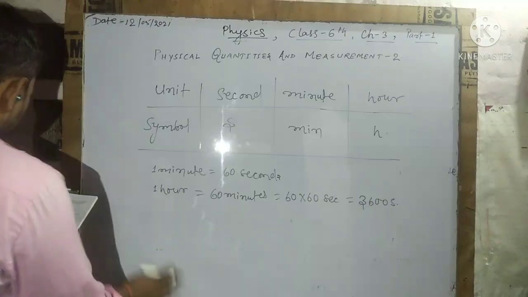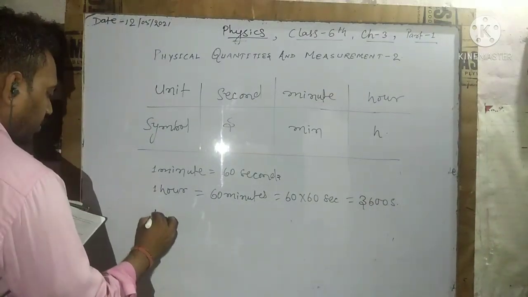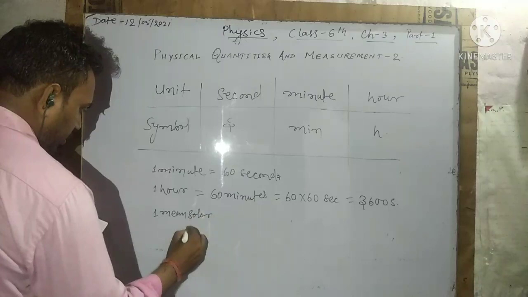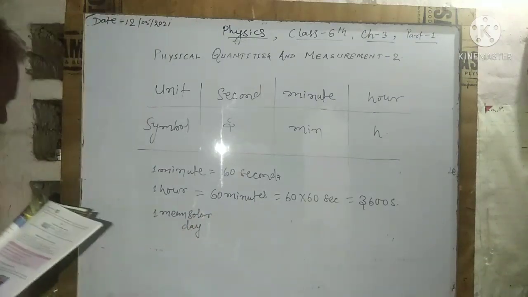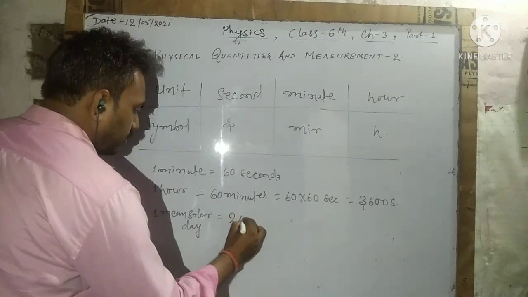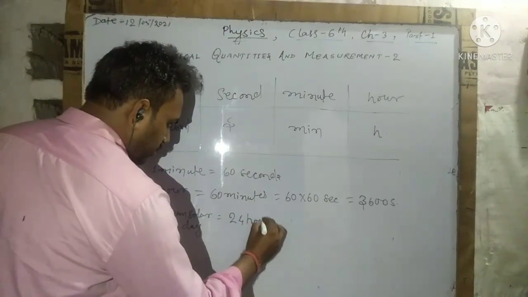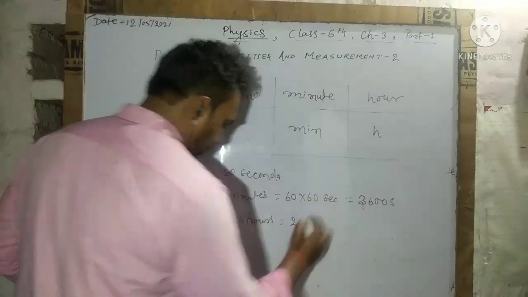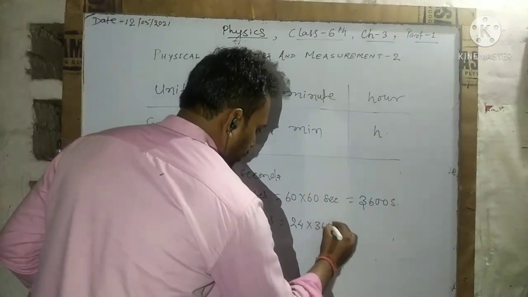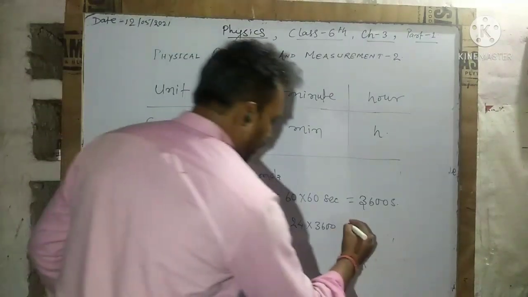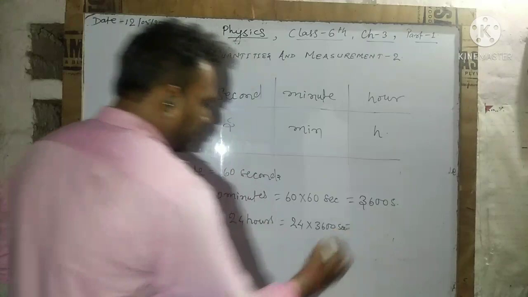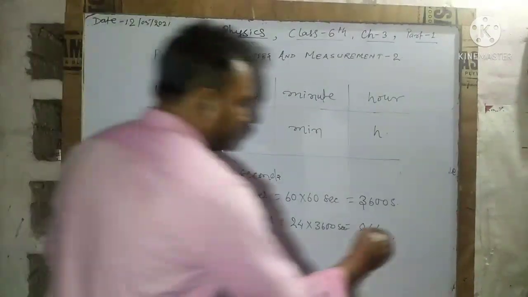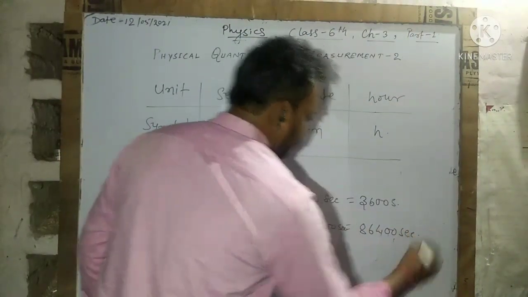Next, 1 mean solar day. 1 mean solar day is equal to 24 hours, that is equal to 24 into 3600 seconds, that is equal to 86,400 seconds.